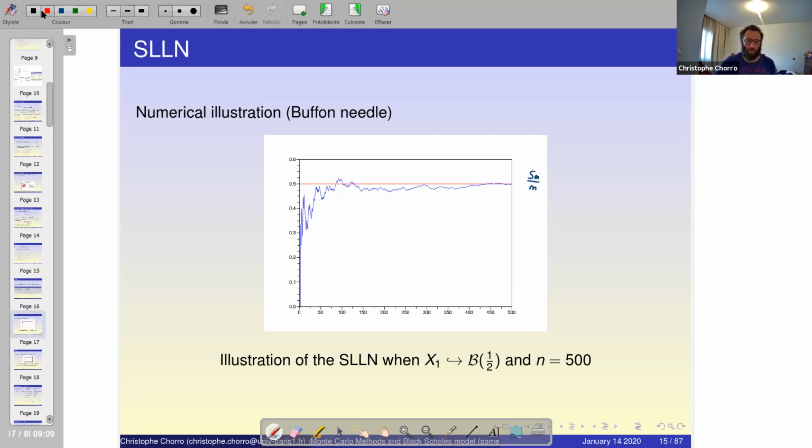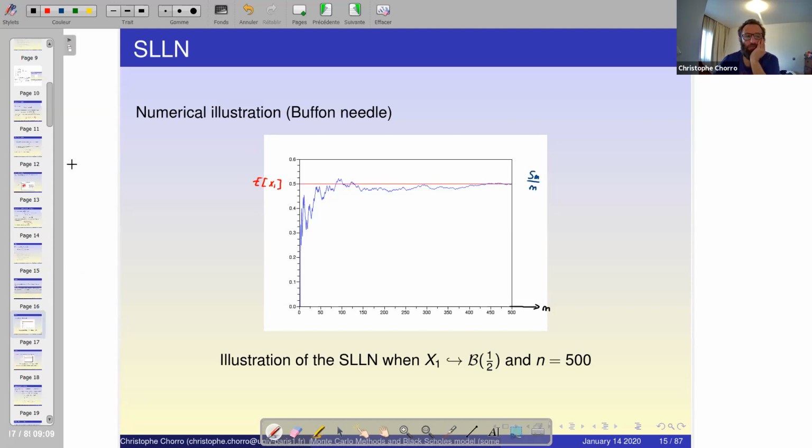In red, you have the expectation of X1, which is just 1/2 in the case of the Bernoulli. You see that when I increase n, the number of random variables I use in order to approximate my expectation, the blue curve seems to converge toward the red line, at least graphically.